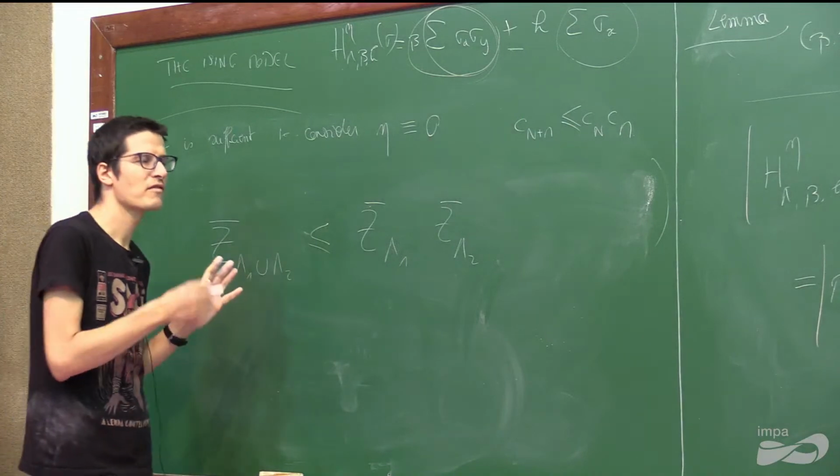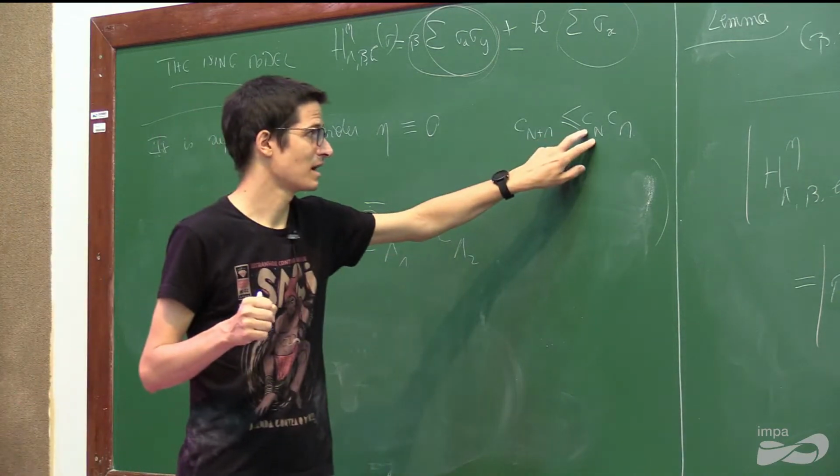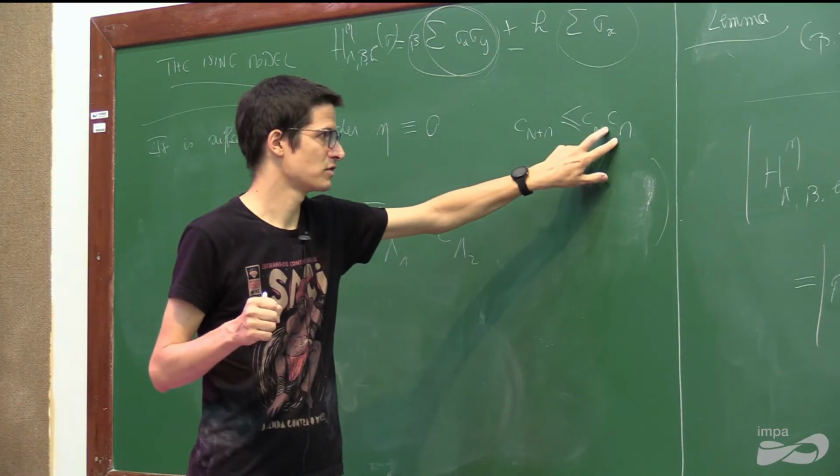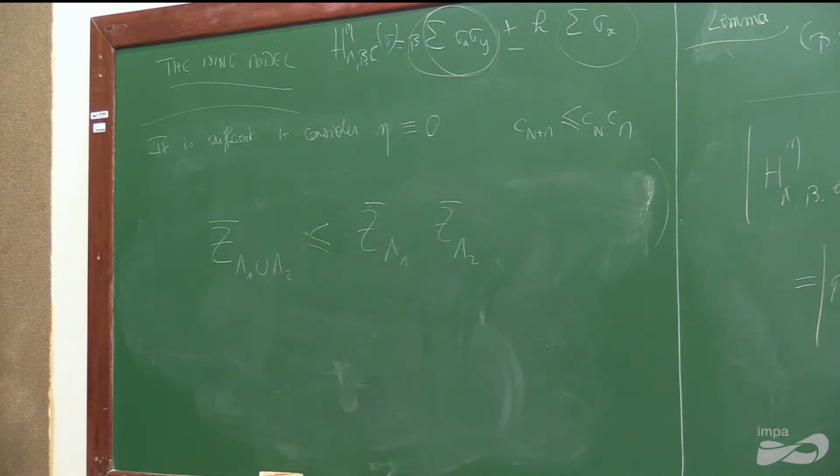The number of self-avoiding walks of length n plus m was smaller than the number of self-avoiding walks of length n times the number of self-avoiding walks of length m. And out of this, we had that Cn to the 1 over n converged, meaning that log Cn over n converged.